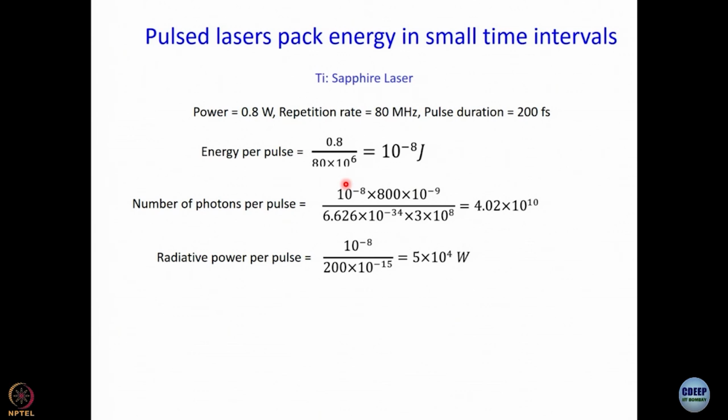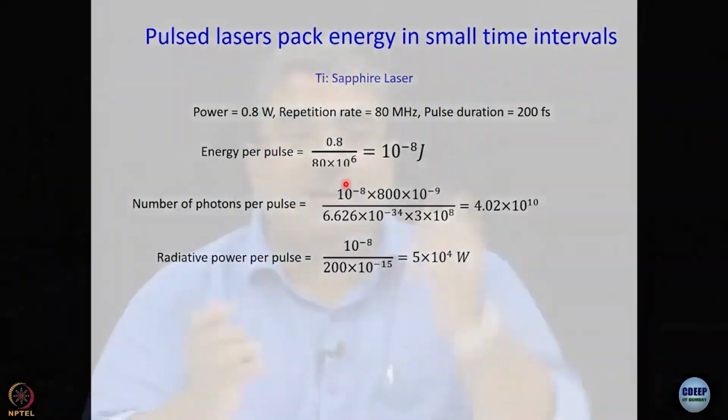Why? Because the power that the molecules feel when the light is on is not 800 milliwatt. It is 5 into 10 to the power 4 watt. That is a lot. Okay? So, molecules will get fried very easily if you do not rotate the sample.